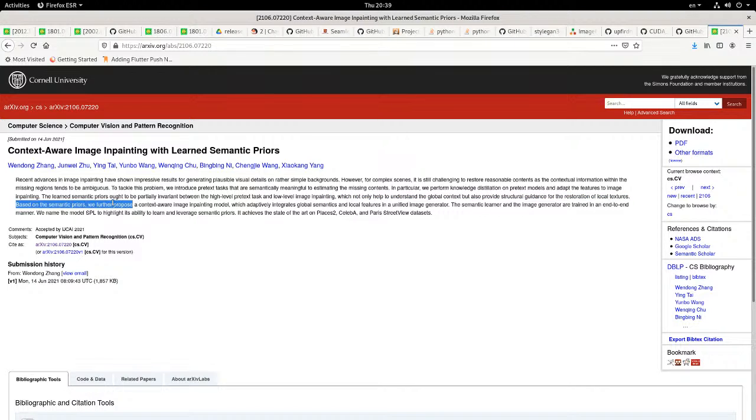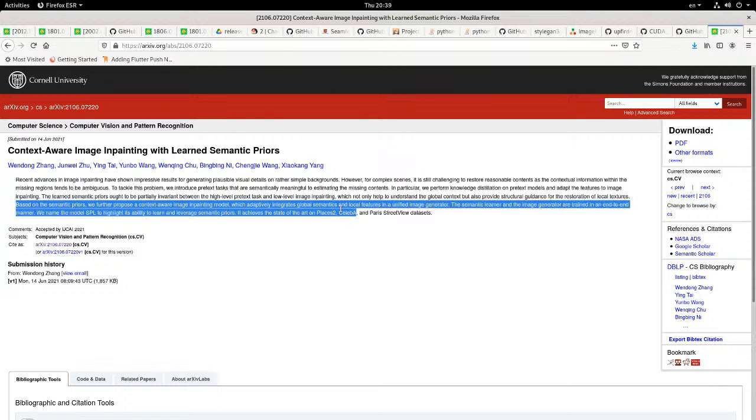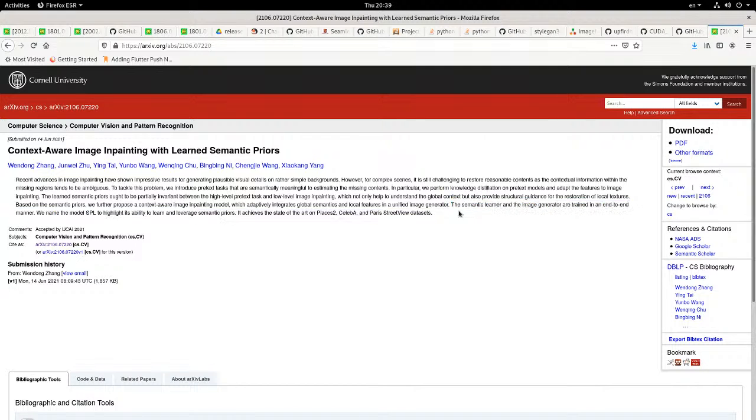Okay. A context-aware image in-painting model which adaptively integrates global semantics and local features in a unified image generator. The semantic learner and image generator are trained in an end-to-end manner, leveraging semantic priors. It achieves state-of-the-art.